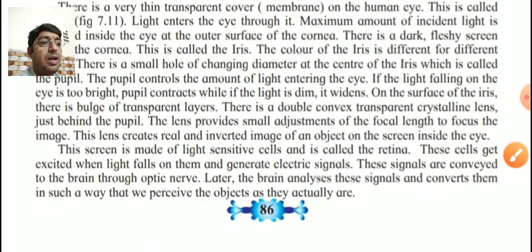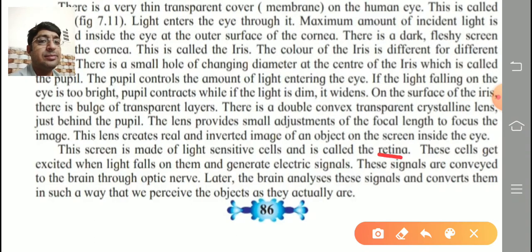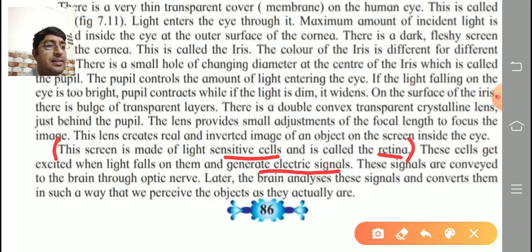Next important part is the retina. The screen is made of light sensitive cells. It's called retina. These cells get excited when light falls on them and generate electrical signals. These signals are conveyed to the brain through the optic nerve.